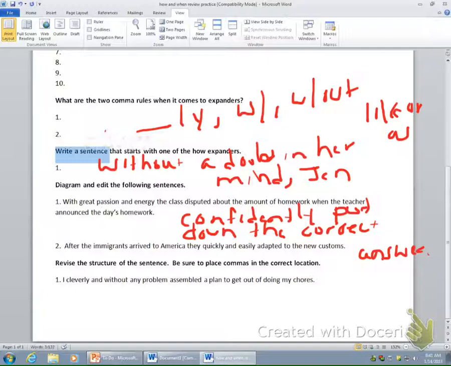So you have to make sure you know how to do that. Now, you have to make sure that you punctuate it correctly. So he said, without a doubt in her mind, comma. That's 1, 2, 3, 4, 5 words. But if I just said without a doubt, would I need a comma then? No. So you have to make sure that you punctuate it correctly.